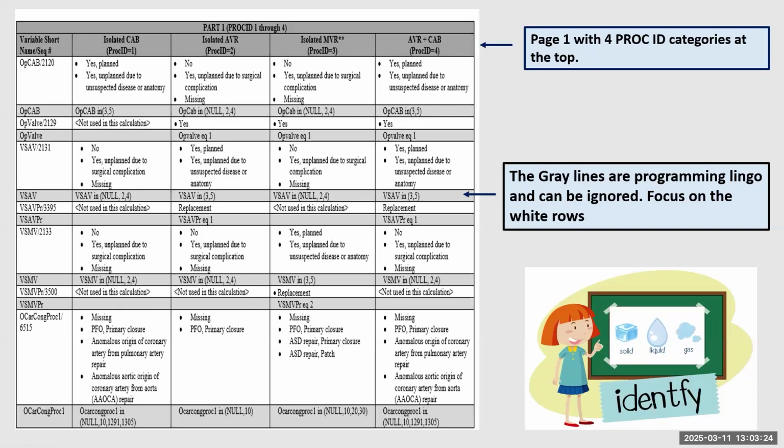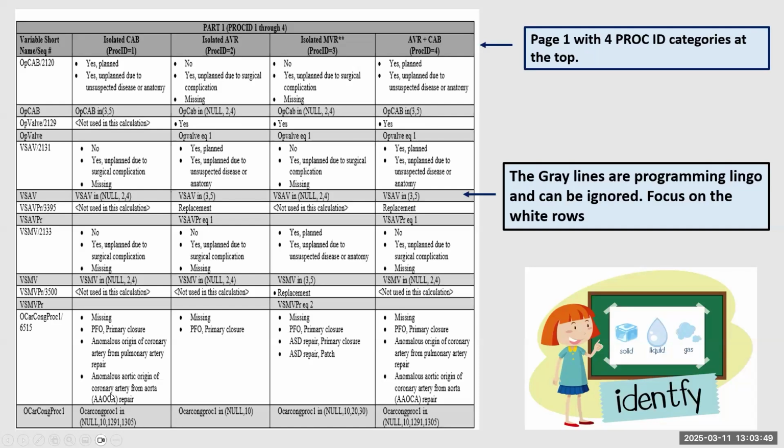You're like, what does that mean? Well, if it's missing, you didn't answer sequence 6515, then it doesn't affect case isolation. If you did a PFO repair in 6515, it doesn't affect case isolation. If you did an anomalous artery, it doesn't affect.